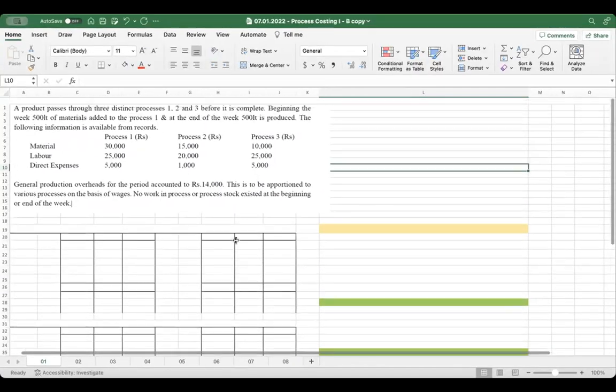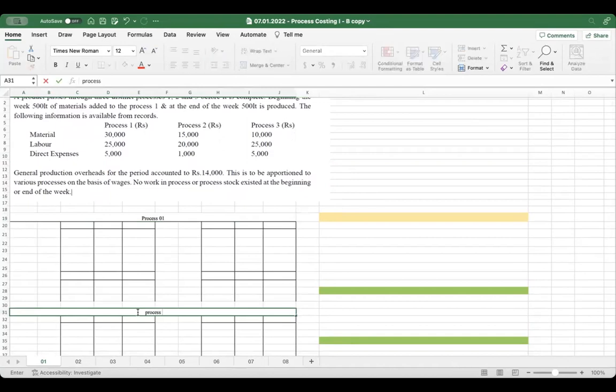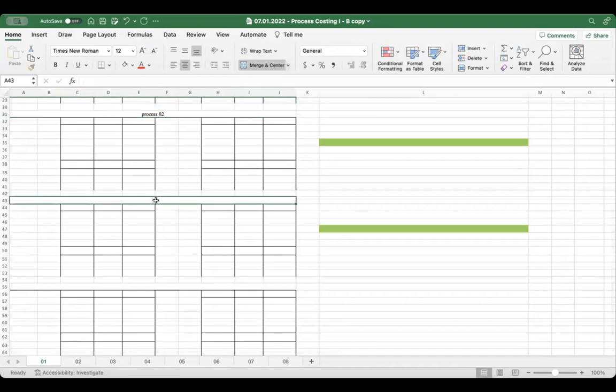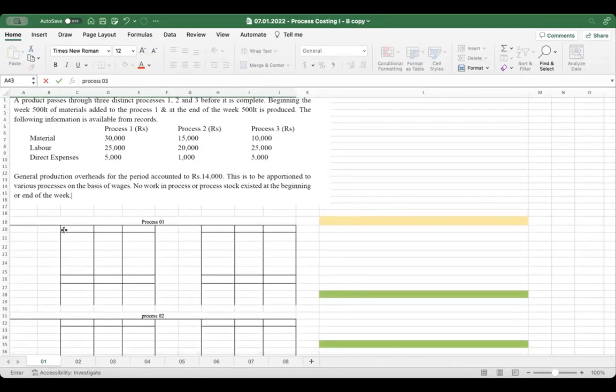Okay, now we have accounts. So we'll have one account for process one, then another account for process two, then another account for process three, right? Then we will have the number of units here.